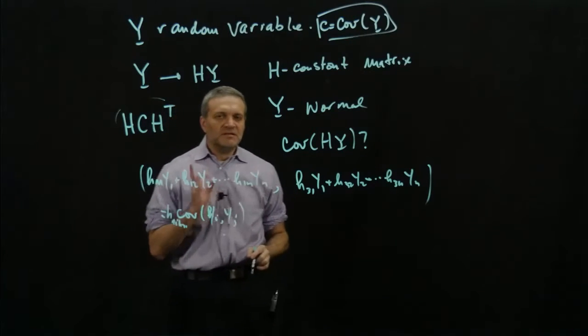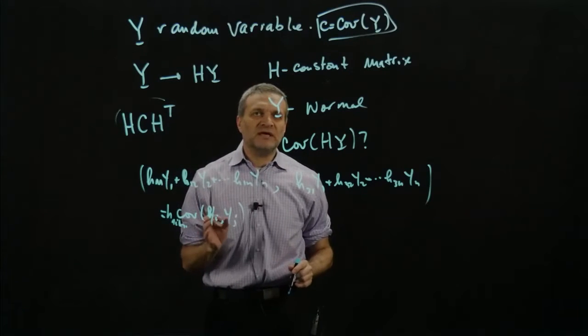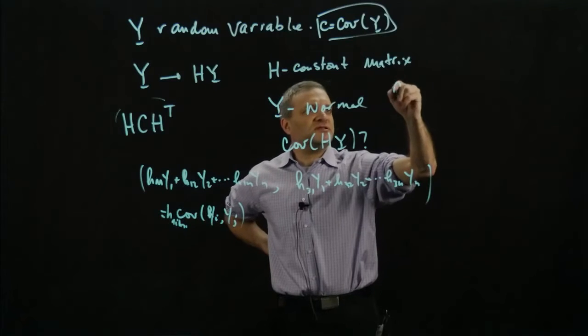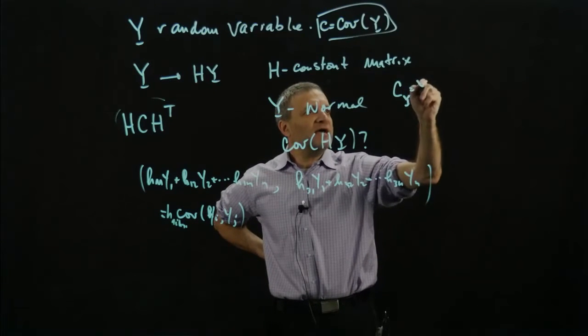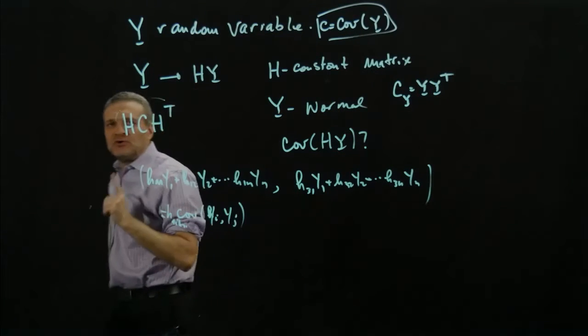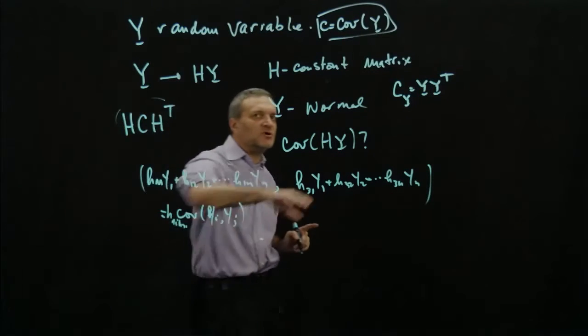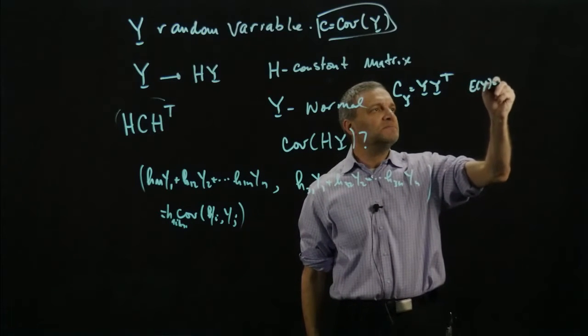Now, there is a neat trick that you can think about in the following way. You can think about C, your covariance matrix for y, as being y times y transpose. This is not correct every time, but it is correct if the expected value of y is 0.